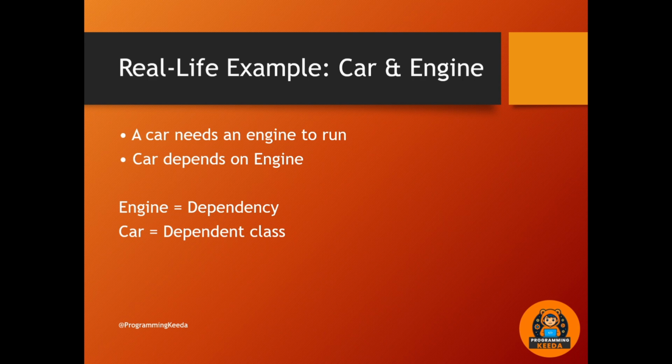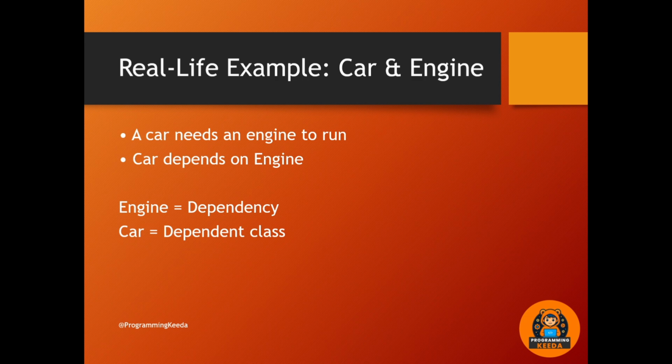A real life example of a car and engine. Let's take a simple real life example to understand the dependency clearly. A car needs an engine to run. A car cannot function without an engine. This means that the car class is dependent on the engine class.